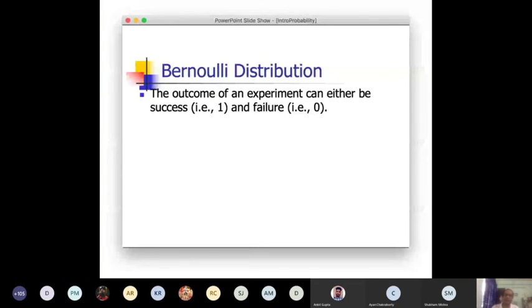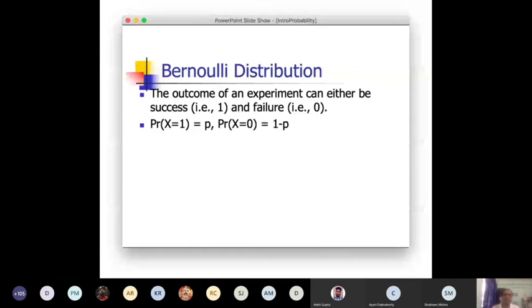And this kind of process or experiment follows this distribution. That is interesting. If you can characterize it, then simply you can apply this Bernoulli distribution theory. So what is this theory? It is pretty simple. Actually, there is only one parameter of this distribution.